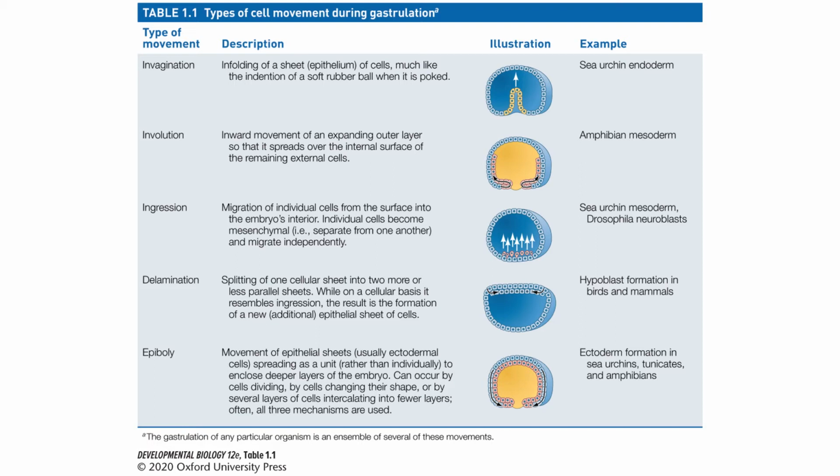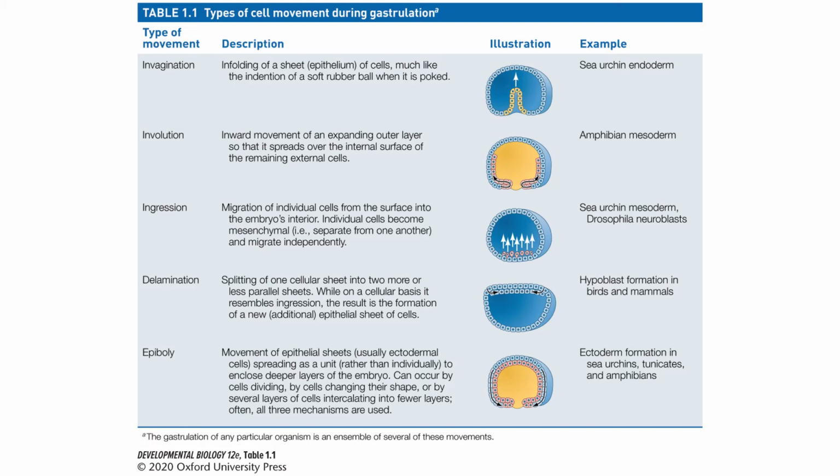And then next, you also have your involution. This is the inward movement of an expanding outer layer so that it spreads over the internal surface of the remaining external cells. As you see here, the example would be an amphibian mesoderm.